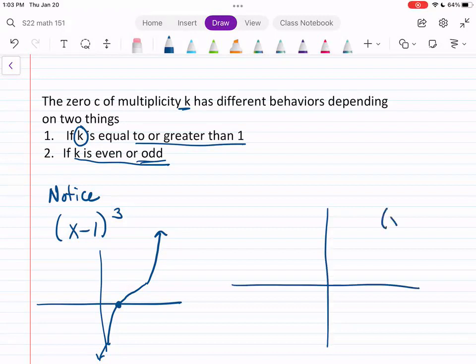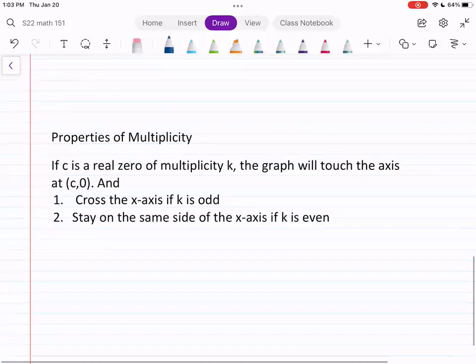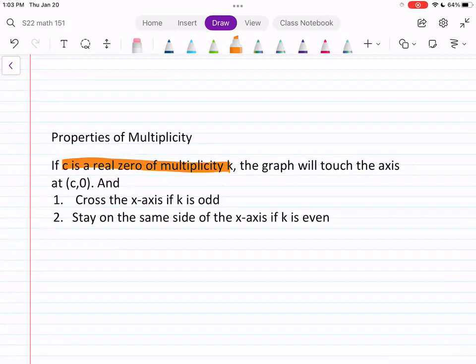In contrast, if I have something like x plus 2 to the 4th power, it has a 0 at negative 2, but it has multiplicity 4. And what you'll find is that the graph flattens out. So how do we determine these properties of multiplicity? Well, if c is a real 0 of multiplicity k, then the graph will touch the x-axis at this point, c comma 0, the x-intercept. It's going to cross the x-axis if k is odd, and it's going to stay on the same side if k is even.